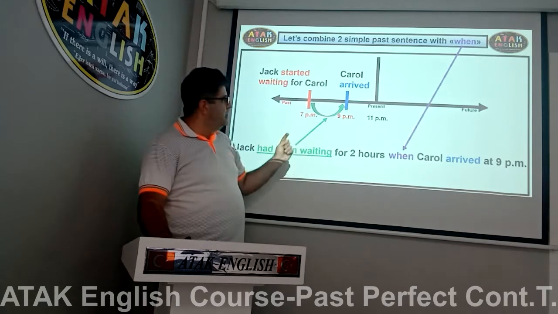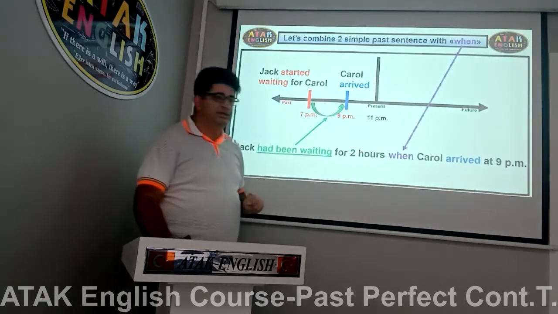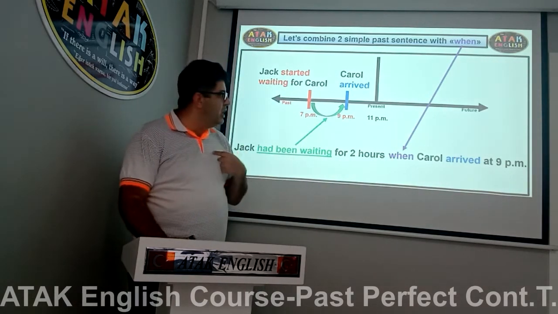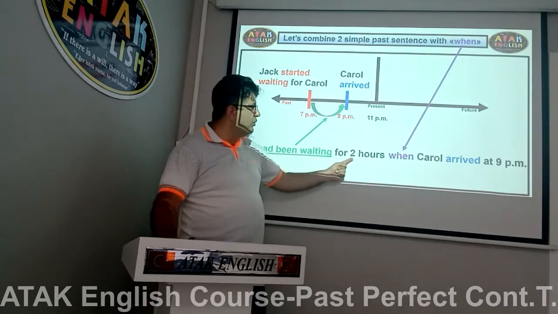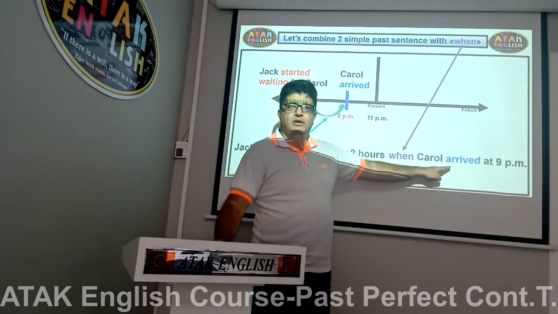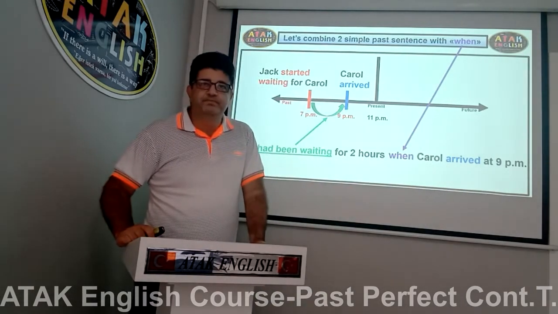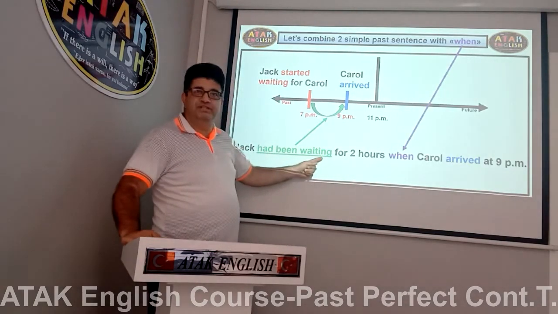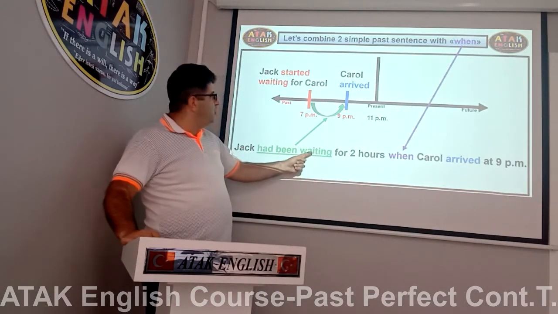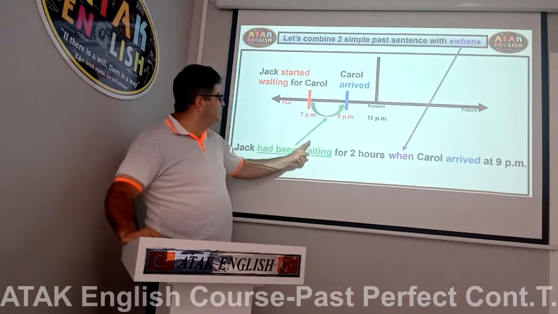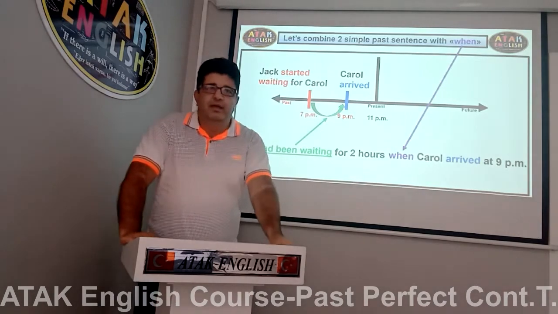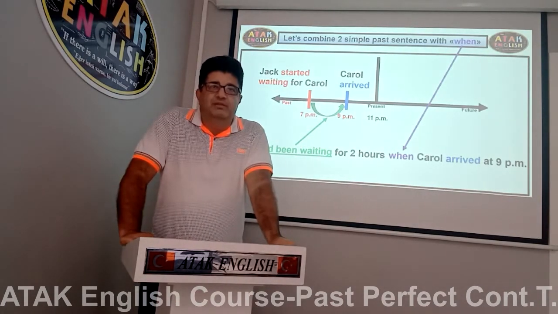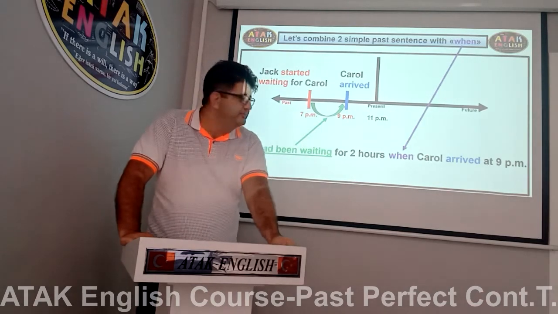So we combine this with the when conjunction, and right now I know which action was before and which action was after. This action is before, so it's got to be past perfect. But what we try to emphasize here is the period of time that Jack had been waiting. That's why I use past perfect continuous tense here.